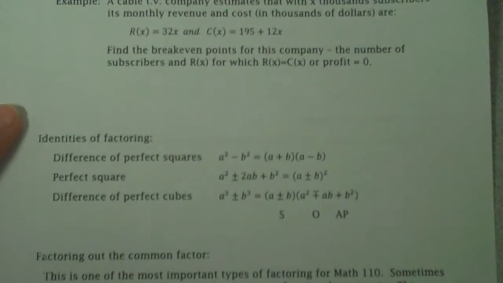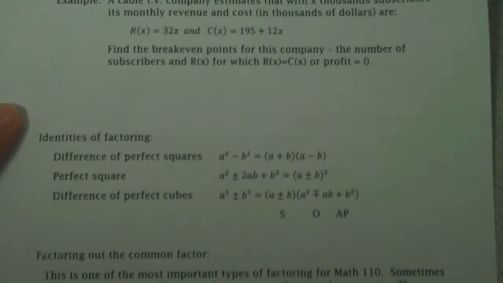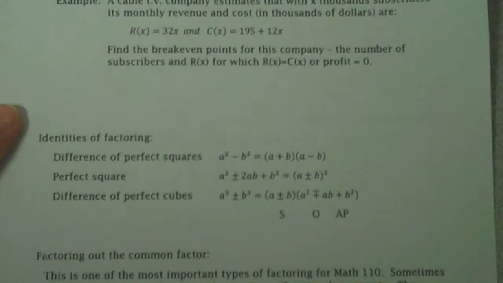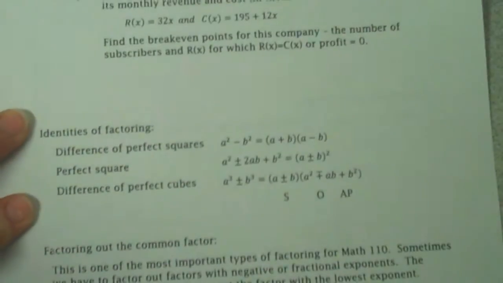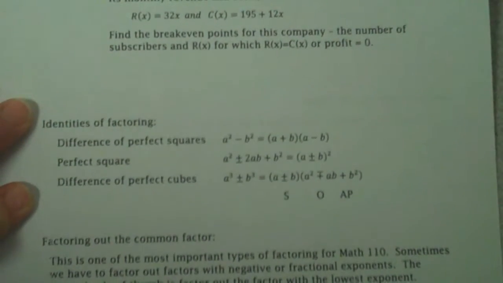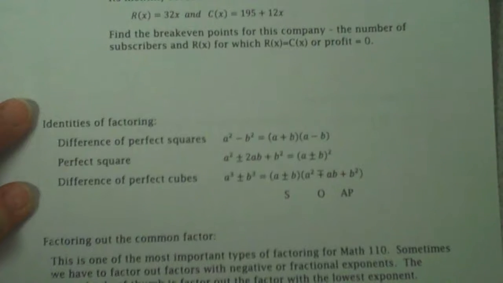So in order to find a break-even point, you would need a revenue function, which I'm giving here as 32x, which means that you're making $32 for every product that you sell, because x is going to stand for that. And in this case, x is given in thousands, but we're going to just say 32 times x will be our revenue, and we'll remember that if x is 3, that means 3,000 subscribers.